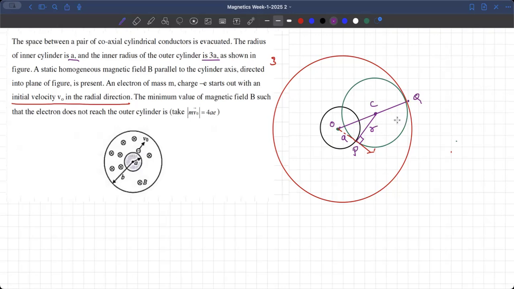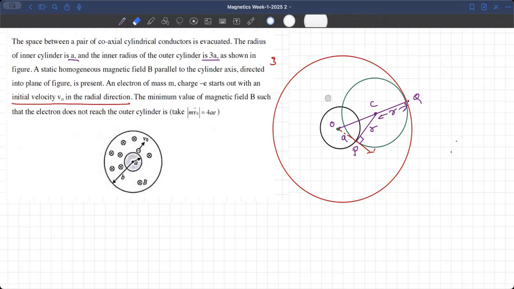OC is what we want. I know CQ as R. Even I know OC. How?